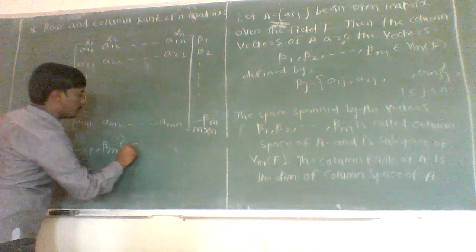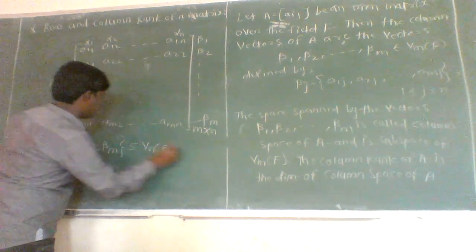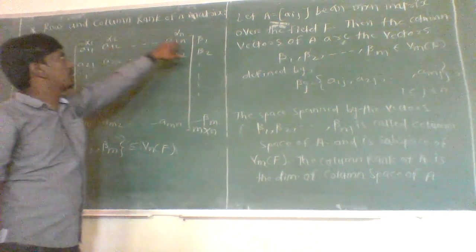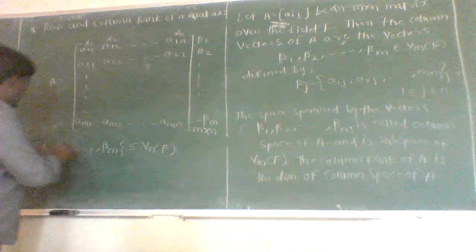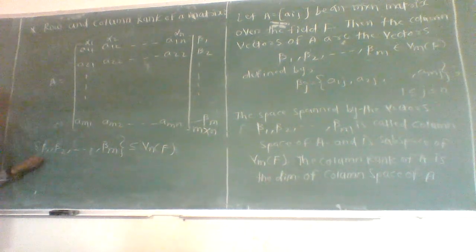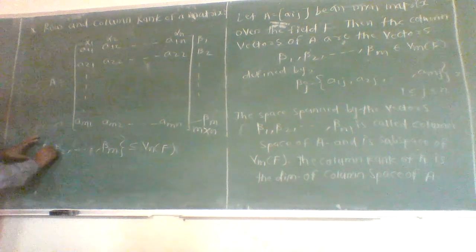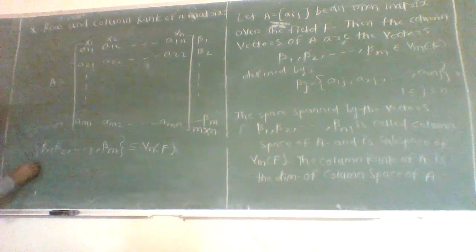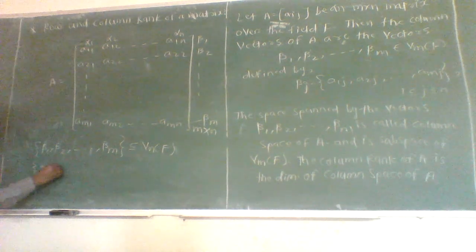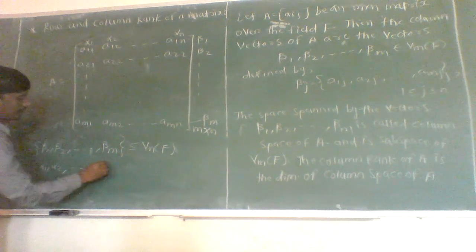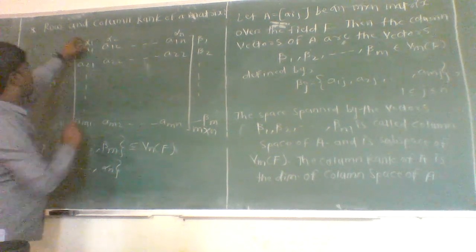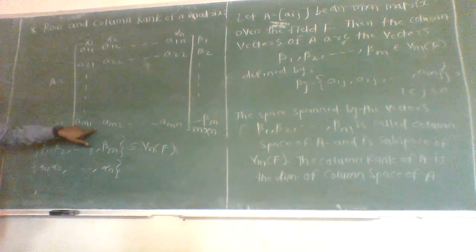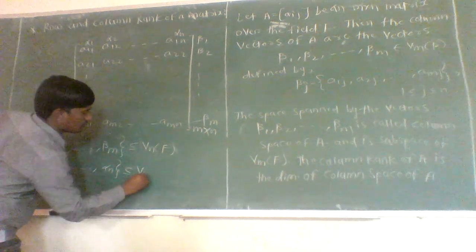Since each row contains n elements, this set is a subset of Vn over F. The columns are beta 1 up to beta n, and each beta j is of the form (a1j, a2j, up to amj). Therefore, it is a subset of Vm over F.